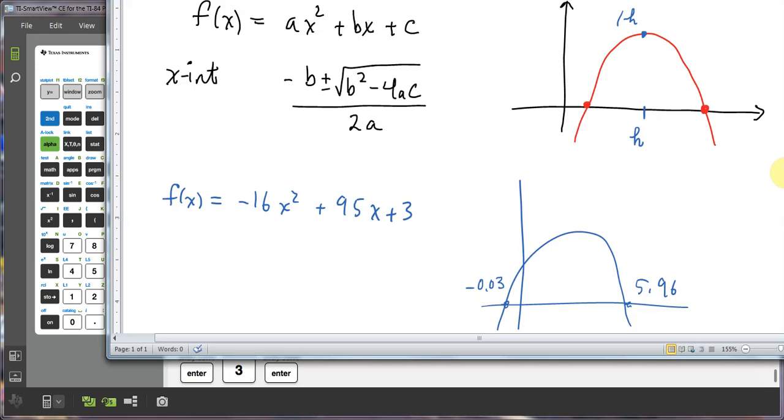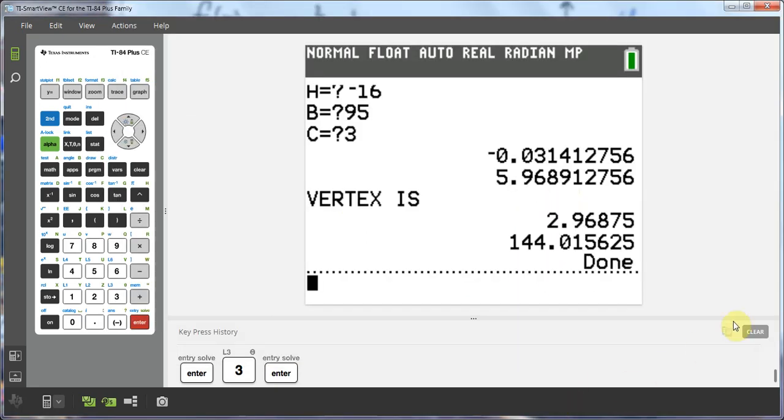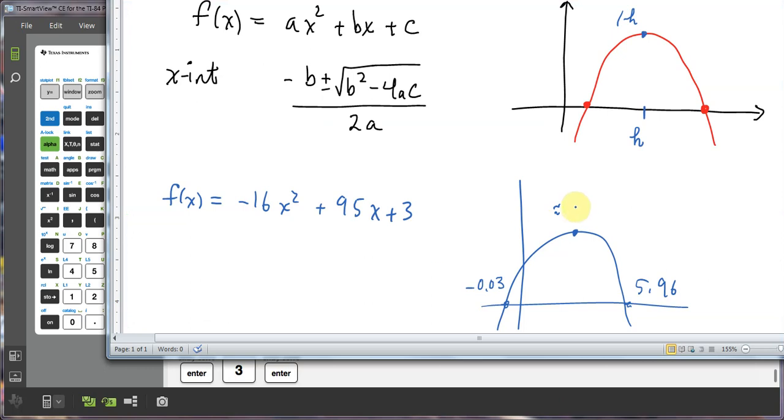So back in here, in our example, now we know that this high point right here is about 2.969 and 144, approximately.